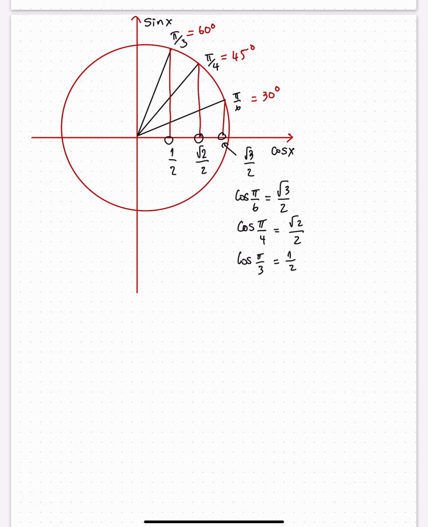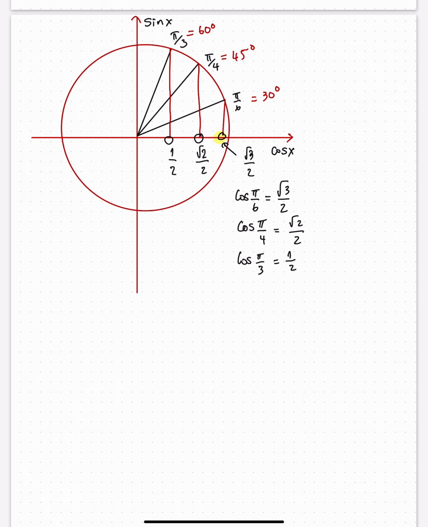The main thing you can remember is, if we draw a line from the angle to the x for cosine, and it stays at the nearest place to the circle circumference, we can consider that place as square root 3 over 2. So that is why cosine of pi over 6 is square root 3 over 2.